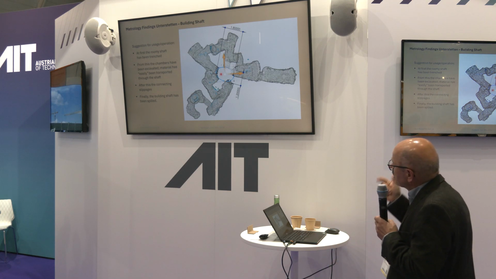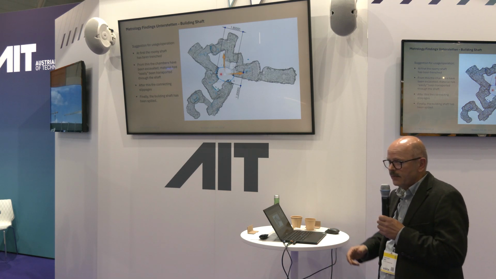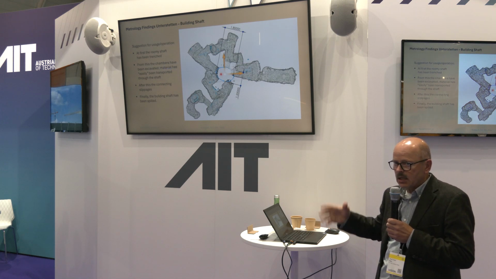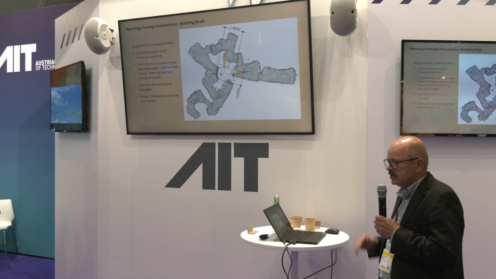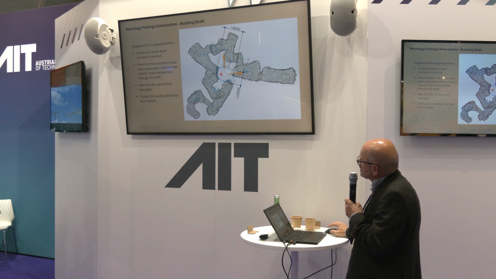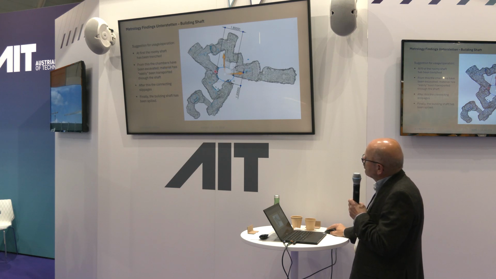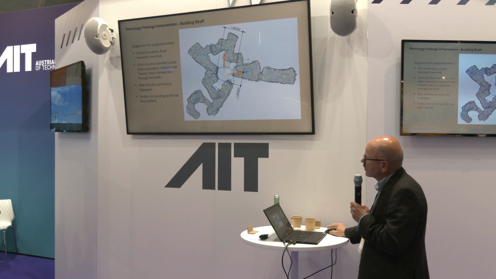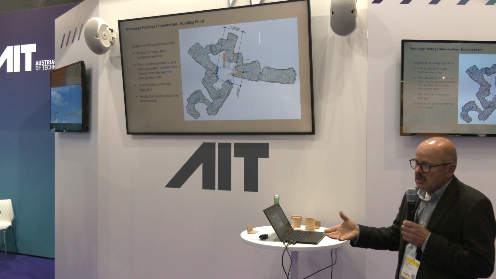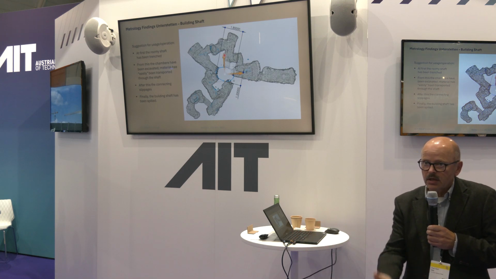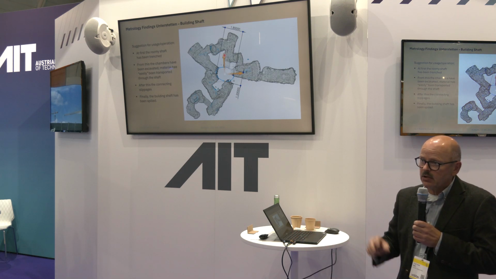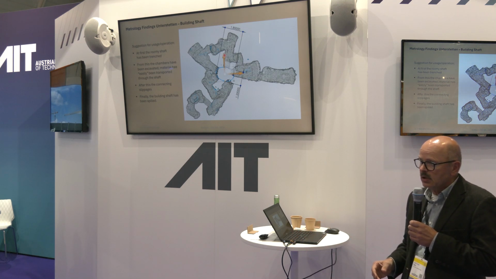At first they dug the building shaft, which is 1 meter in diameter, 6 meters in depth, and from this building shaft the chambers were built from this side, from this side, from this side, and so on. So it was easy to get all the material out of the building shaft and to put the material away.